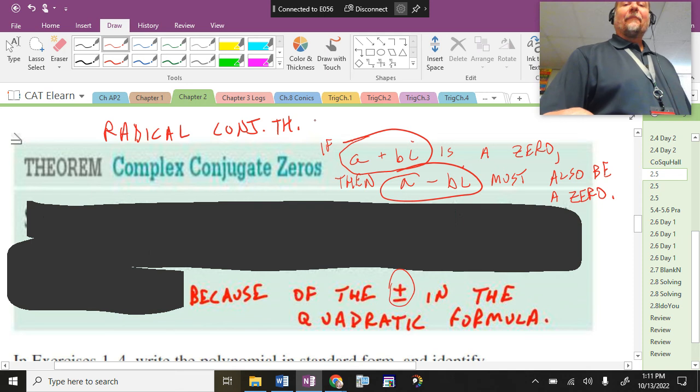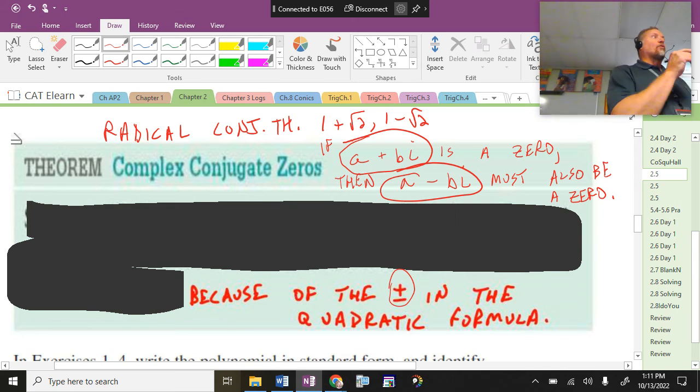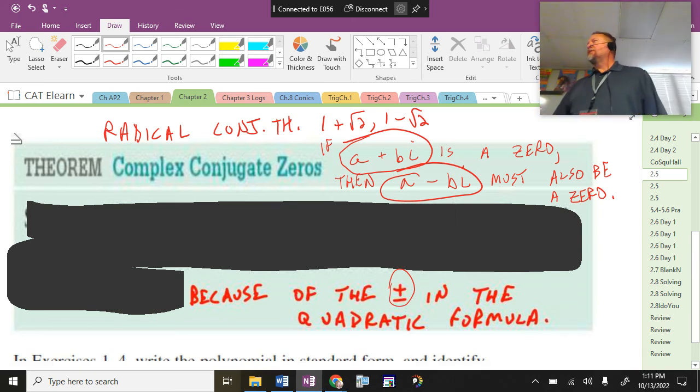All right. And that means if like 1 plus root 2 was a 0, then 1 minus root 2 would have to be a 0 as well if the coefficients are rational. And we'll never give you a polynomial with irrational coefficients. Nobody know what I'm talking about? Coefficients are numbers in front of a variable.